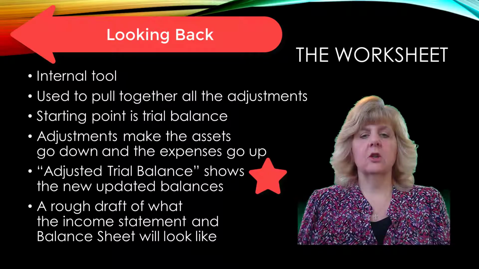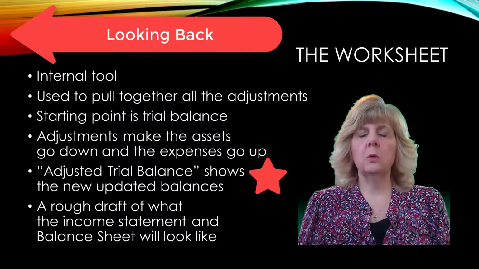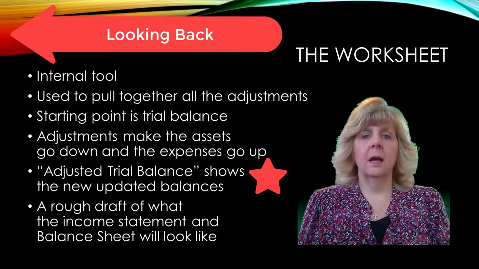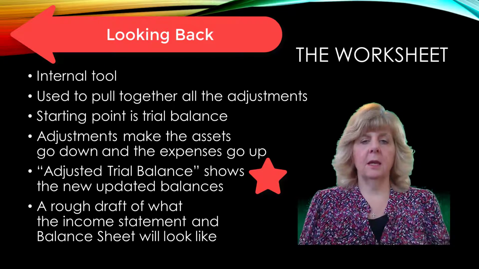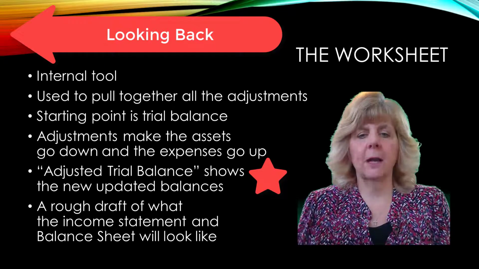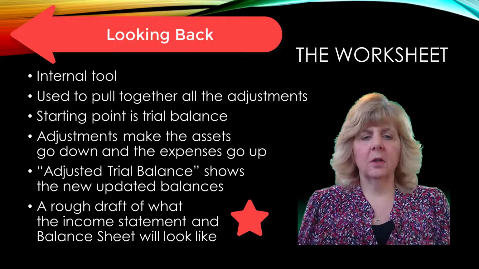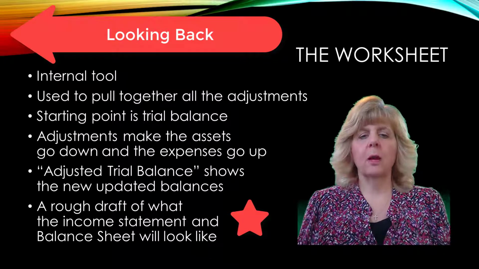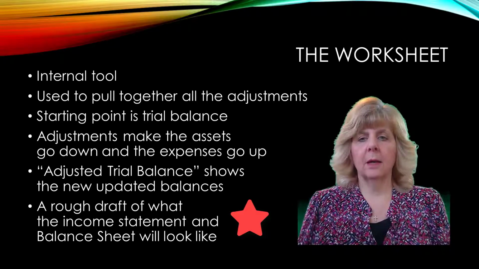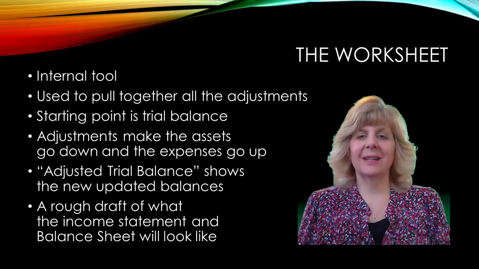The adjusted trial balance will show the new updated balances and will become the source for our financial statements. The worksheet also gives a rough draft or a preview of what the income statement and balance sheet will look like. Let's take a look.